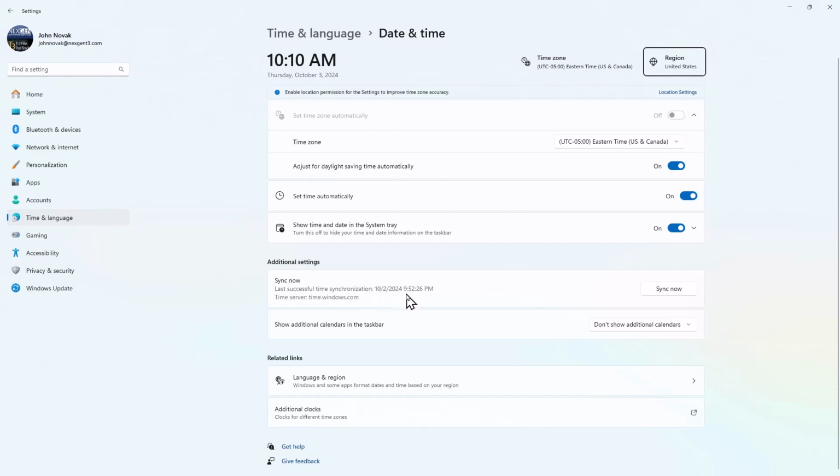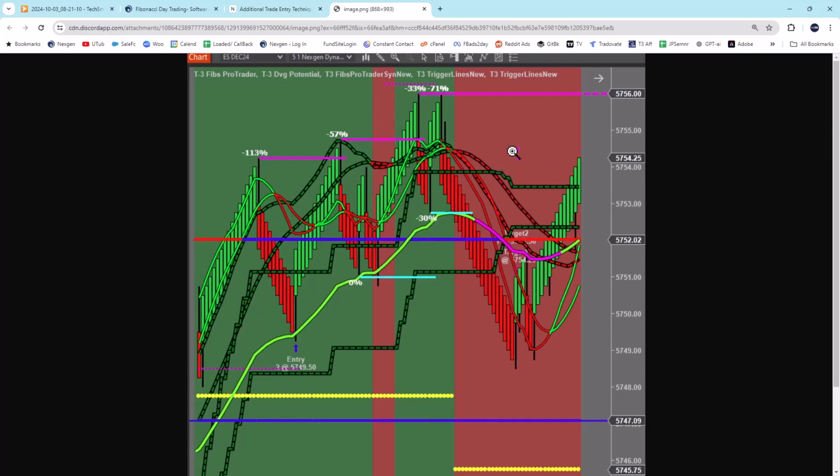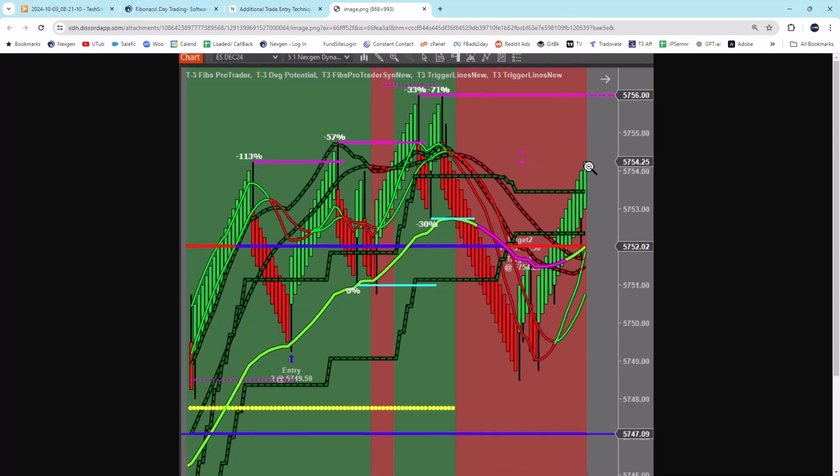Because then you'll sync your data feed time, and then your little markers will be at the right spot on the right bar. So even if you got out here, it's this millisecond in between that makes them plot over here instead of at the right spot, just because the timestamps from your clock on your computer and the data feed are off, if that makes any sense. Anyway, that's why they posted a different spot. Not that big of a deal, but I always sync my time in the morning as well, so everything's synced up really nice.